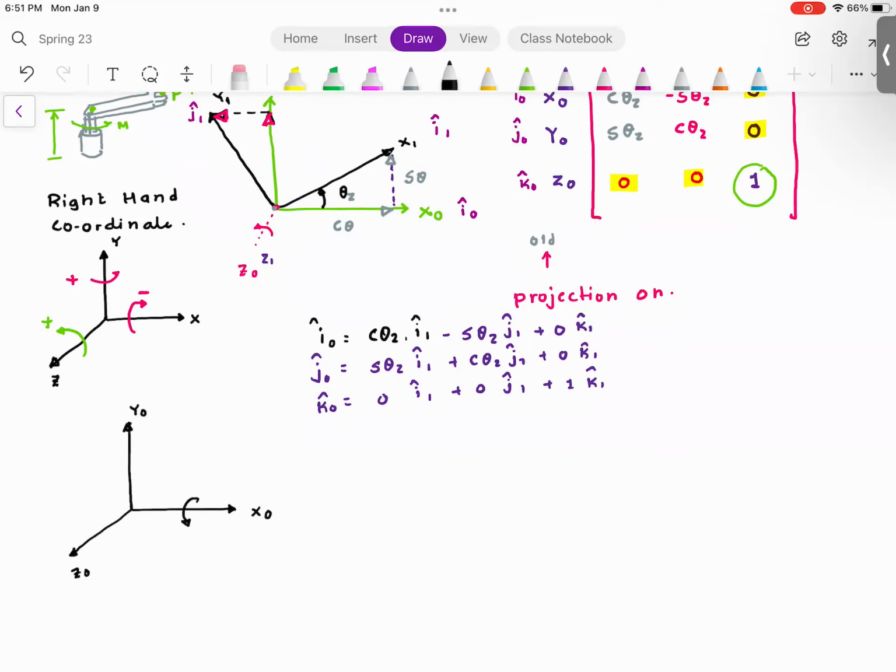And we take the rotation about x naught. So this is going to be theta x. And when I do the rotation, this is going to look a little bit weird because now this will be in this frame. So this is going to look like this.